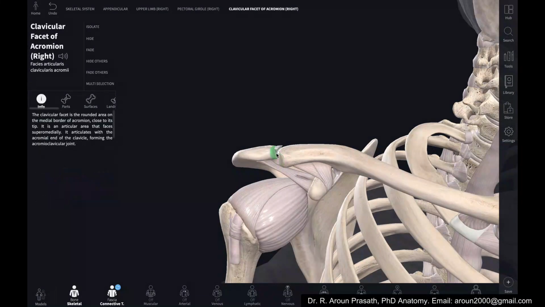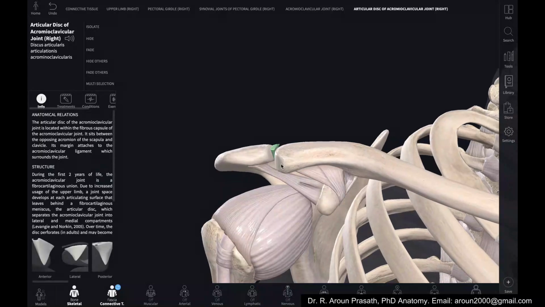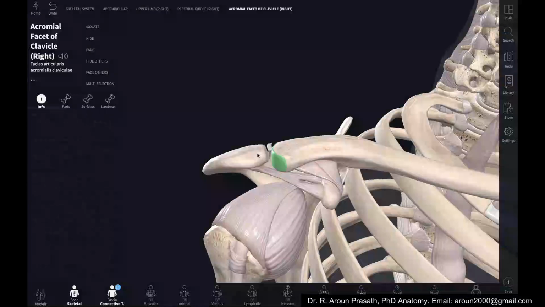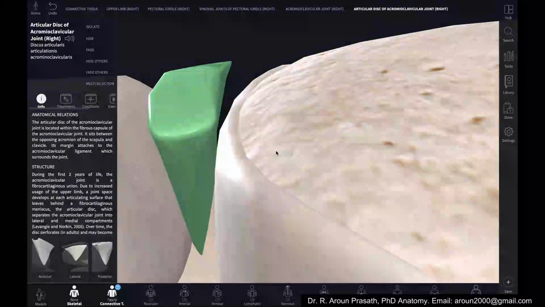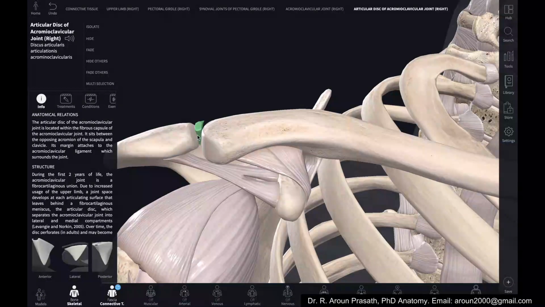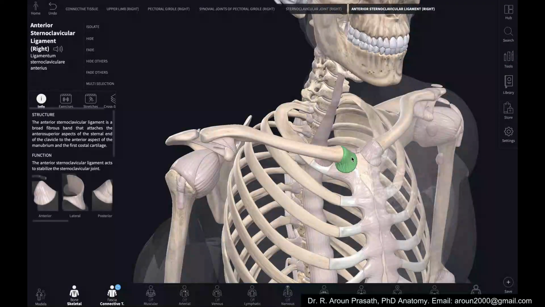A capsule is a pouch-like structure which holds the synovial fluid. In between this clavicle and acromion process, you can see a small fibrocartilaginous disc. This type of fibrocartilaginous disc is also present between the clavicle and the sternum, in the sternoclavicular joint.